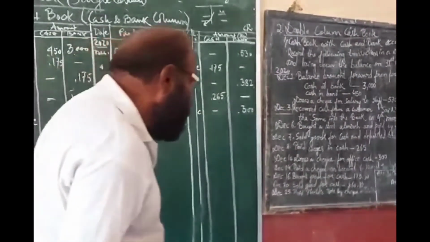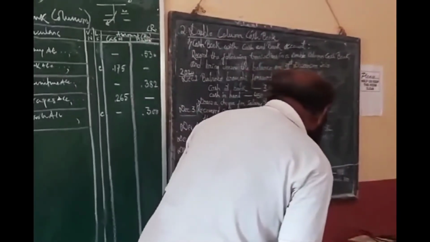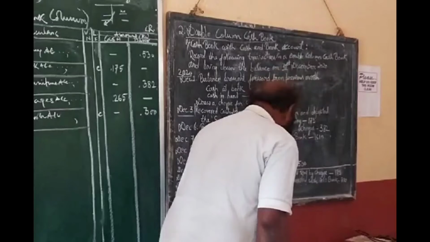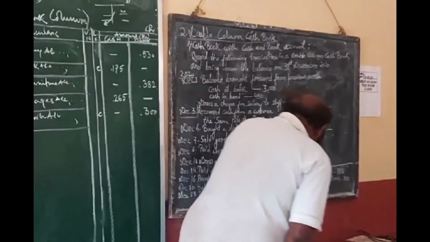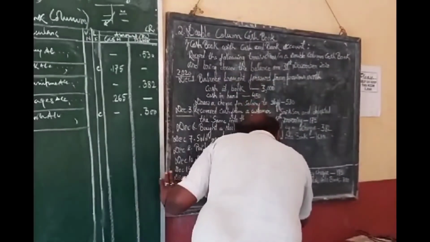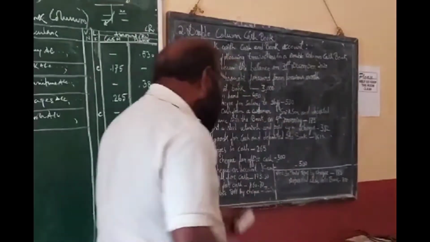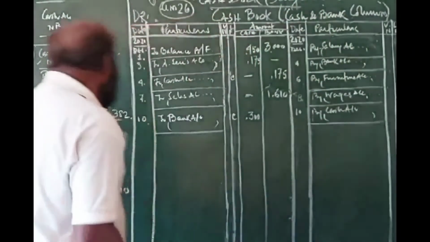Here. Then paid a check on account of office rent. For rent. You have paid a check on account of rent, 500. So what should be the journal entry?